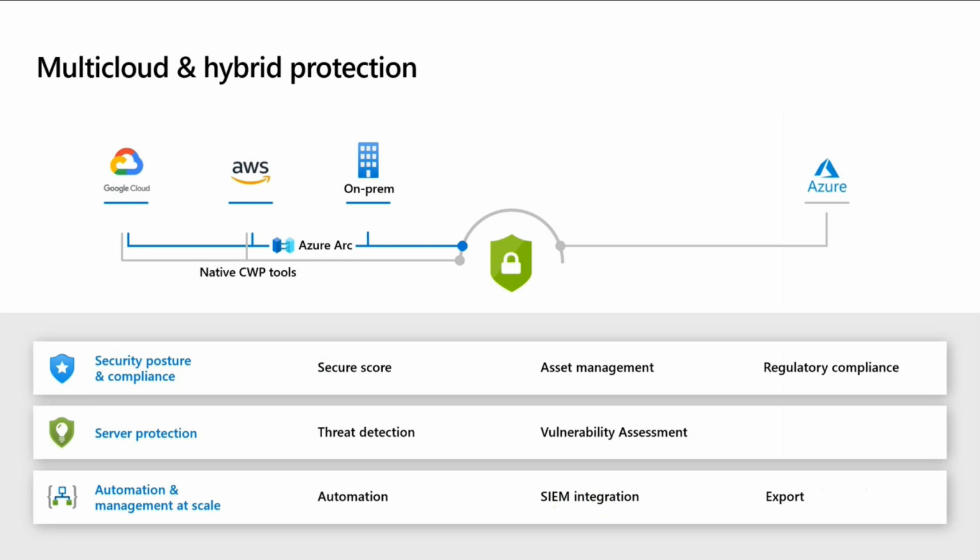While the CSPM plan for AWS and GCP is completely agentless, that's not the same for cloud workload protections. The plan for servers in AWS and GCP does require agents and some extensions, basically for MDE, which comes with Defender for servers. One of those agents is the Azure Arc agent.